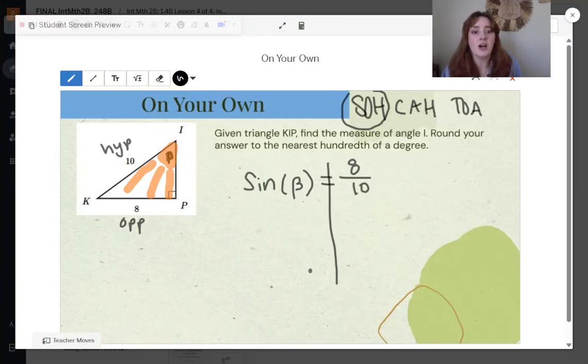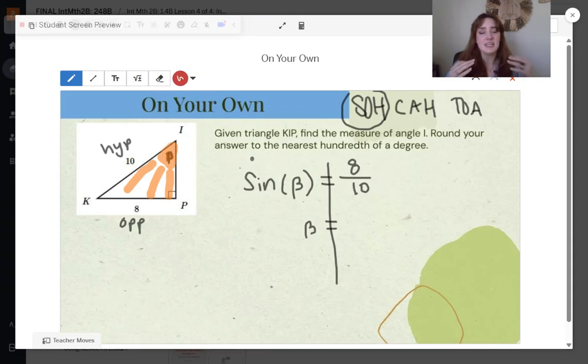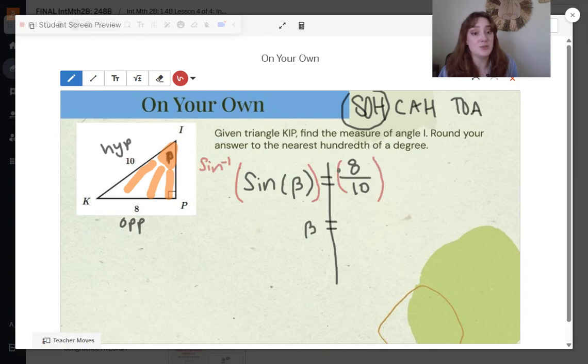And again, our goal here is to get beta by itself. So how could we do this? Inverse operation. So we're going to take the inverse function, the inverse sine, to both sides, because if we do it to one side of the equation, it has to be done to the other. Inverse sine of sine, they cancel, which was our goal all along.